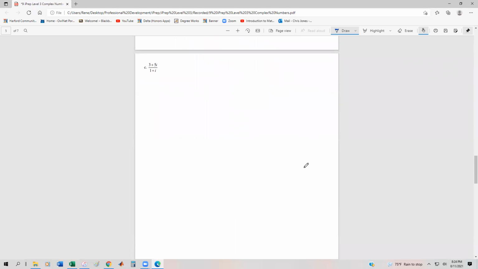One last example of this, we have 3 plus 5i over 1 plus i. And we're going to do the exact same thing, except we're going to change the conjugate this time into 1 minus i over 1 minus i, okay? And again, it's probably helpful to change everything into parentheses for binomial types.